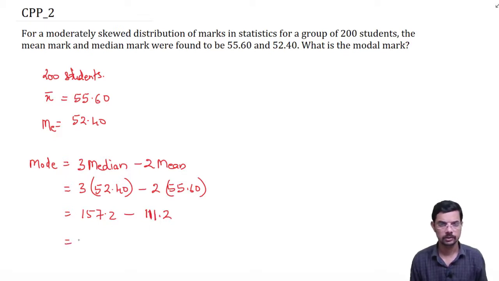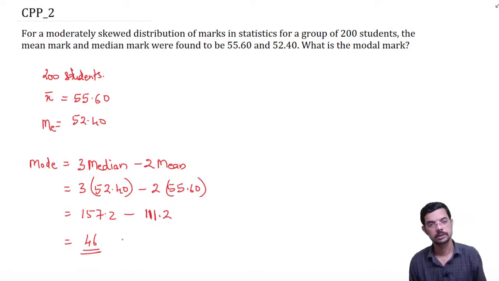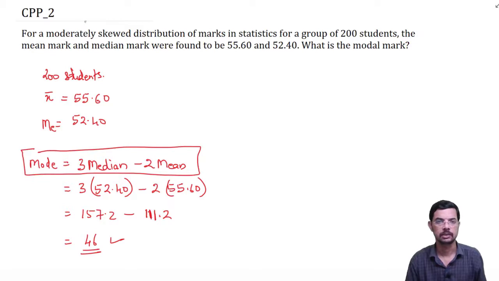This subtraction will give you 46, and 46 is our mode for this data. It's very simple. This is the relationship between mean, median and mode. It is given that for a moderately skewed distribution, mode is equal to 3m minus 2x bar. These are exam oriented questions.